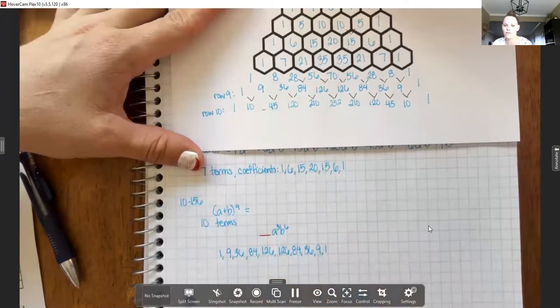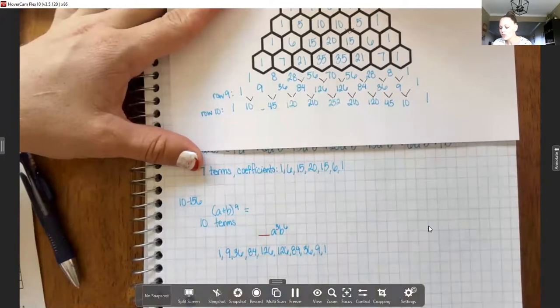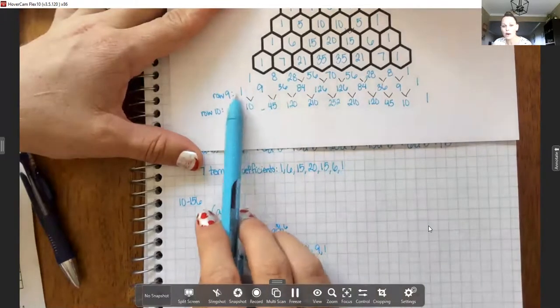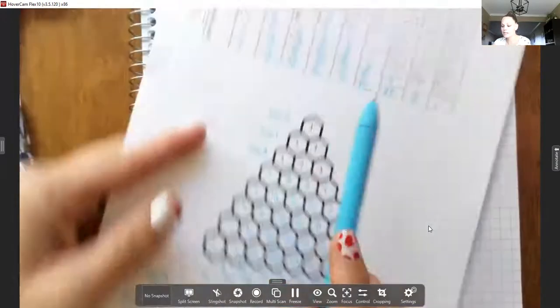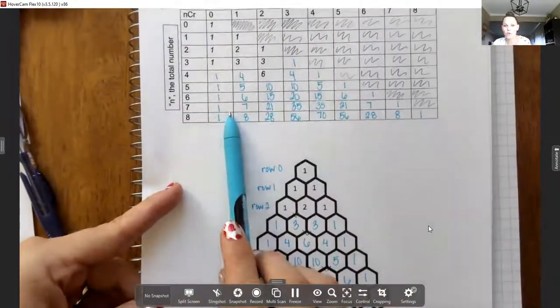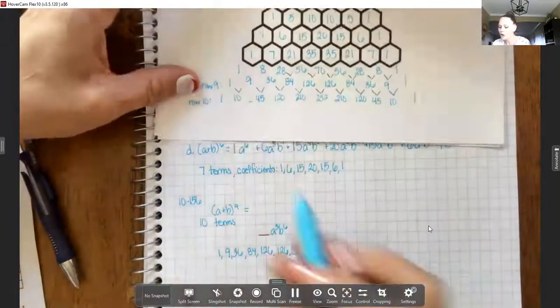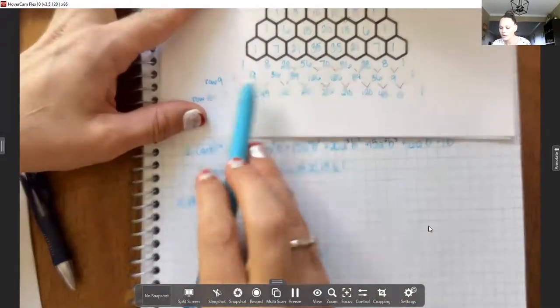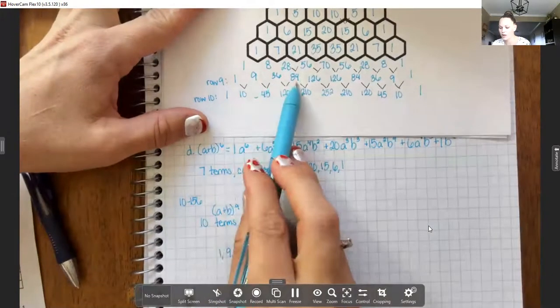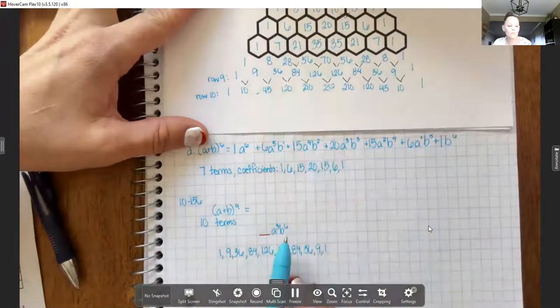We know it's going to be one of those numbers. There's a couple of different ways to do it. If you remember where these numbers came from, this top chart when we were doing n choose r on our calculator, all of this was 9 choose 0, 9 choose 1, 9 choose 2, 9 choose 3.